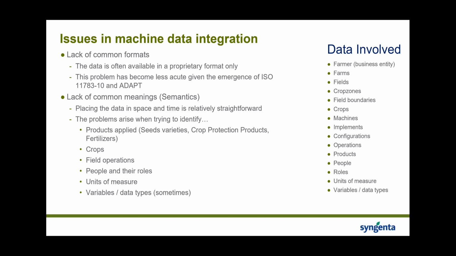And also sometimes what the variable was. Is this a yield? Is this a rate? And not only that, but the data itself is messy with machine data integration. You have all kinds of artifacts from interaction with the GPS, when you change speed. It's a messy kind of data.